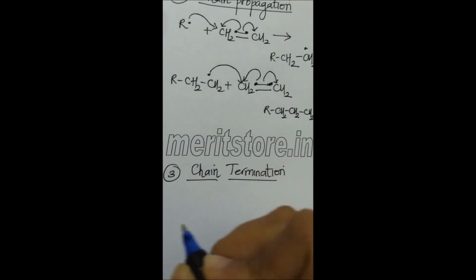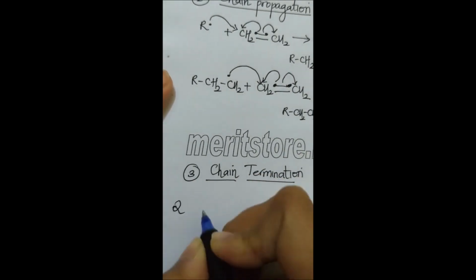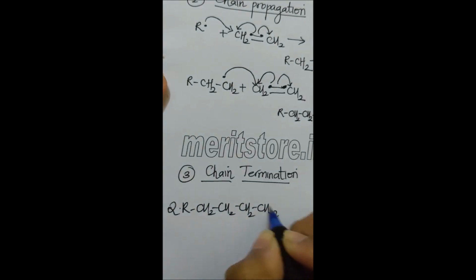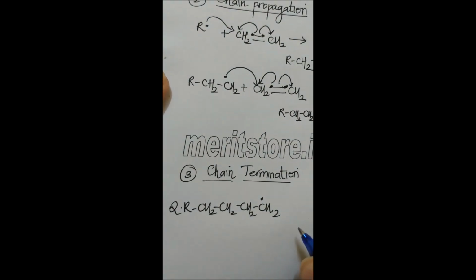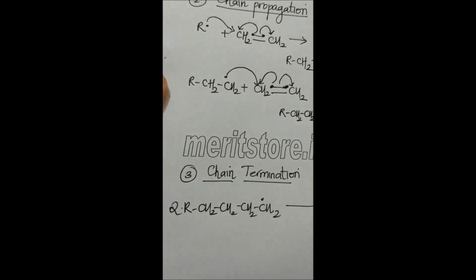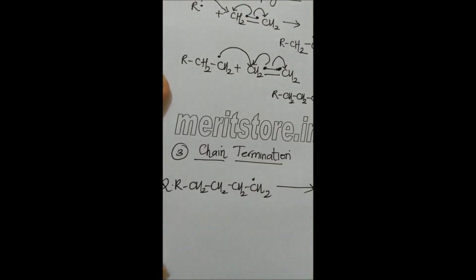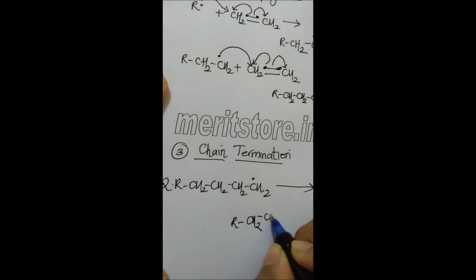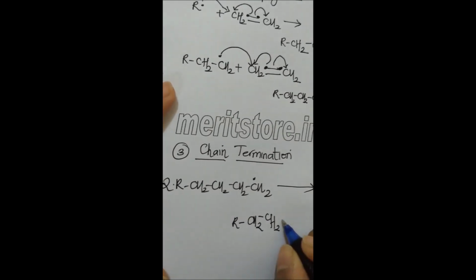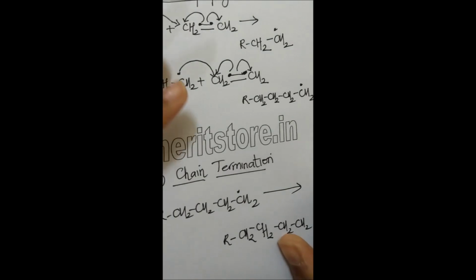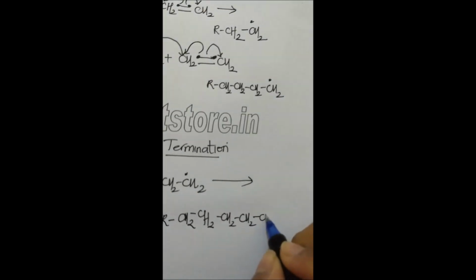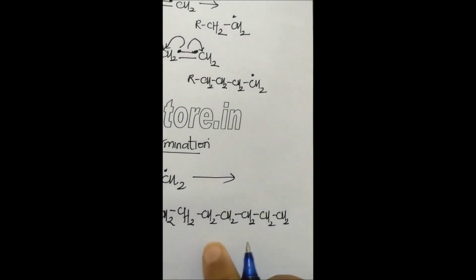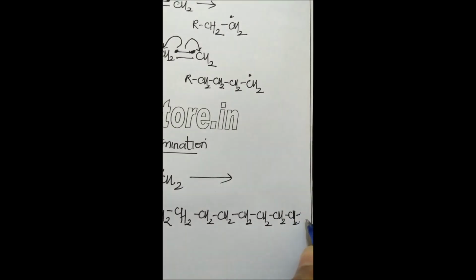So I have two molecules of R CH2 CH2 CH2 CH2 radical, and my chain terminates, and what I get is R CH2 CH2 CH2 CH2, and then the second molecule, so CH2 CH2 CH2 CH2 R.